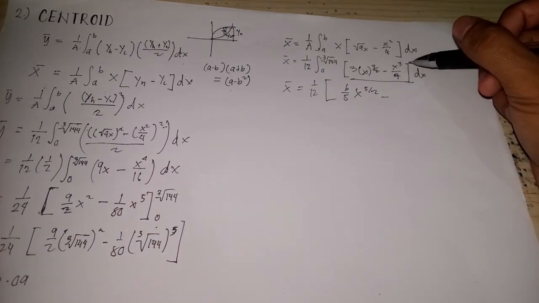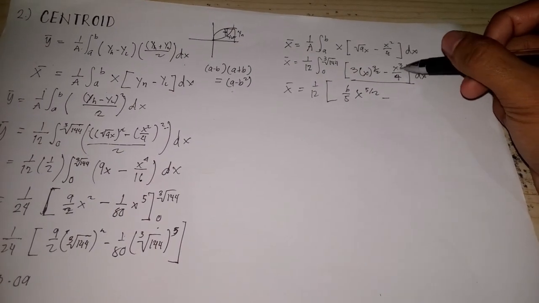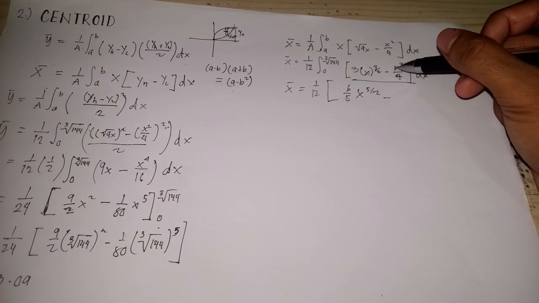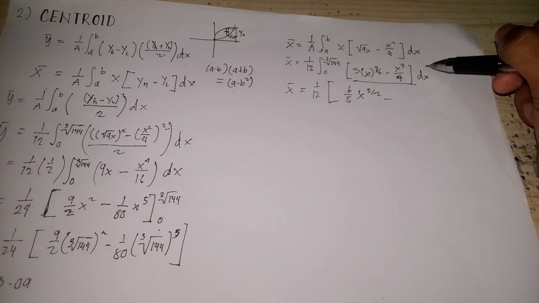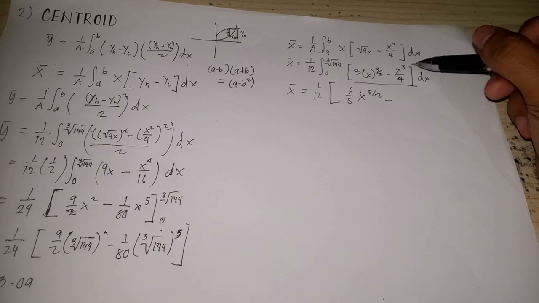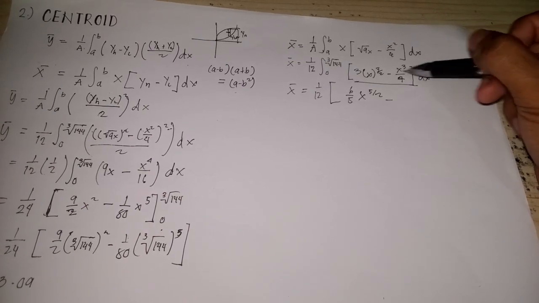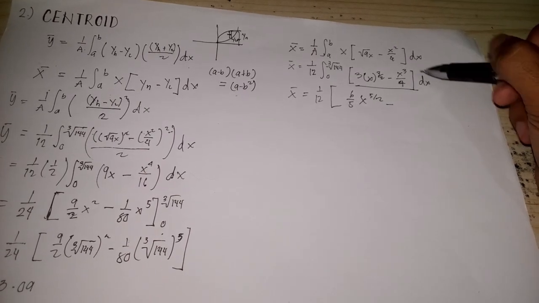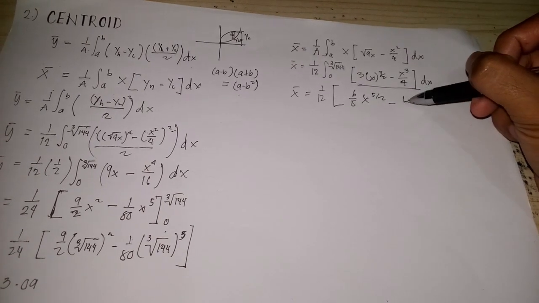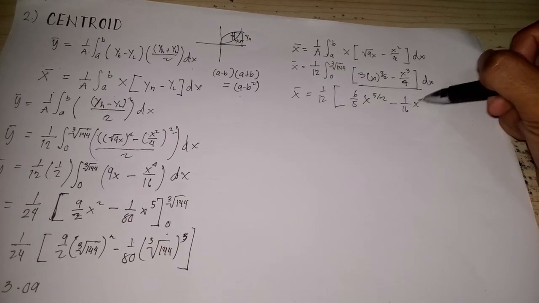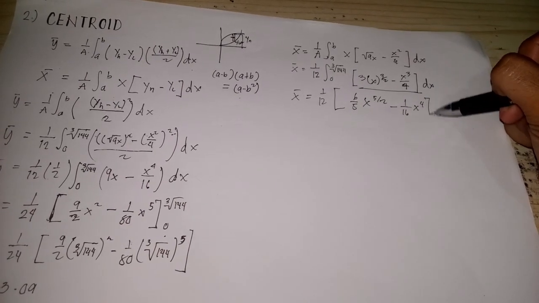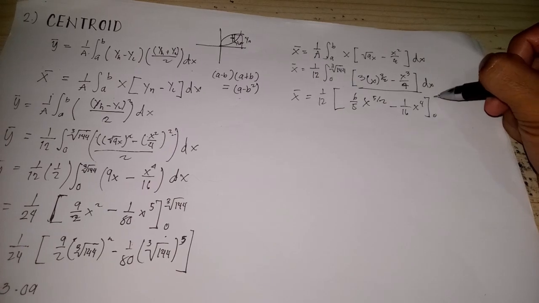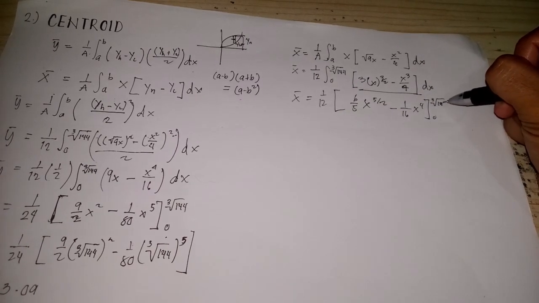Now let's integrate the next term. 1/4, and 1/4 also, since if we integrate x cubed, that is x raised to 4 over 4. So 1/4 times 1/4 is 1 over 16 x raised to 4, from limit 0 to cube root of 144.